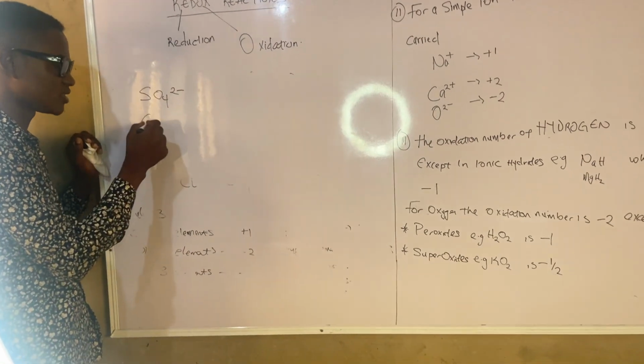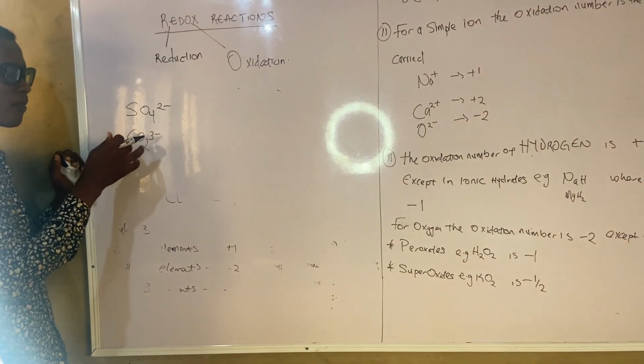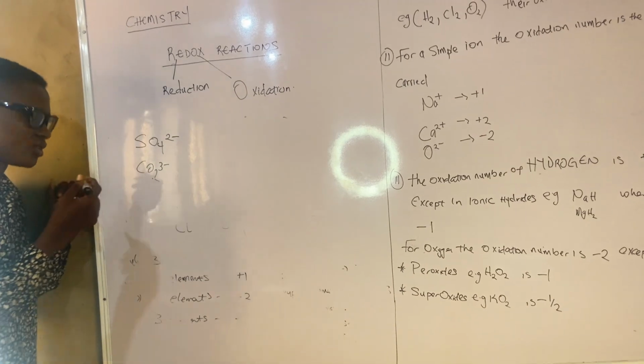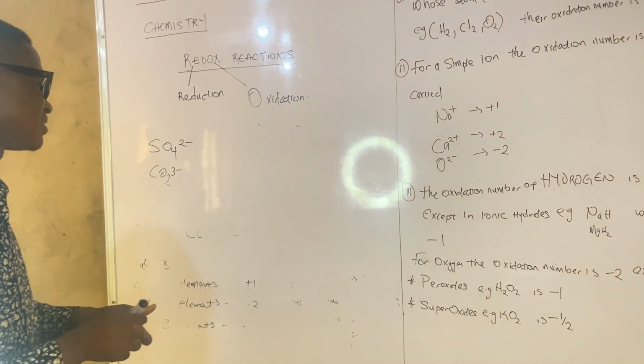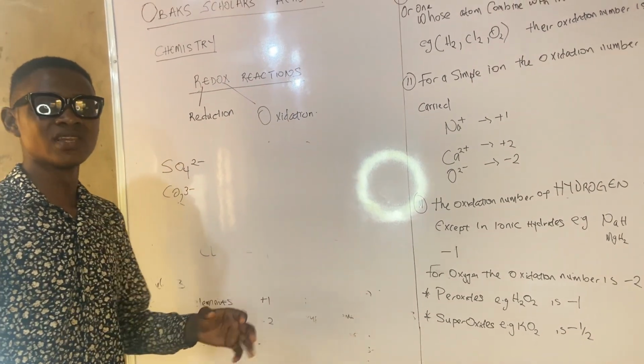The same thing goes for CO3 2-. When you add the oxidation numbers of carbon and oxygen here, everything will give you minus 2.